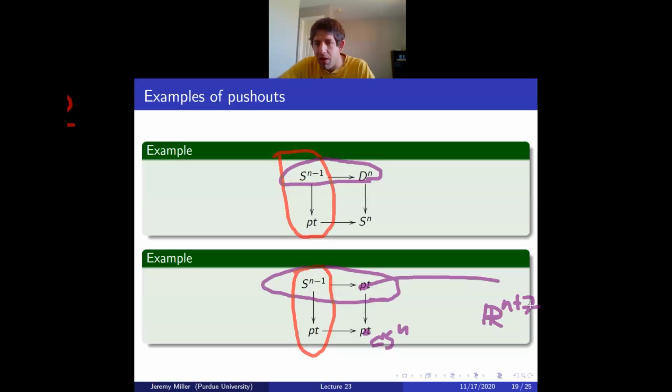If you plugged in R^(n+7), it wouldn't literally be homeomorphic to S^n, but it would have the homotopy type because you made this purple map into a cofibration.